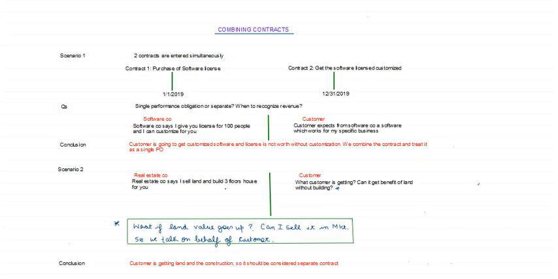In this kind of scenario, the price of one item depends on the sale of the other item, which means that both the license and the customization are packed in such a way that the prices are related to each other. So it will be considered as a single contract. So if the performance obligation is single, even if we enter into multiple contracts, they will still be treated or accounted for as a single contract.